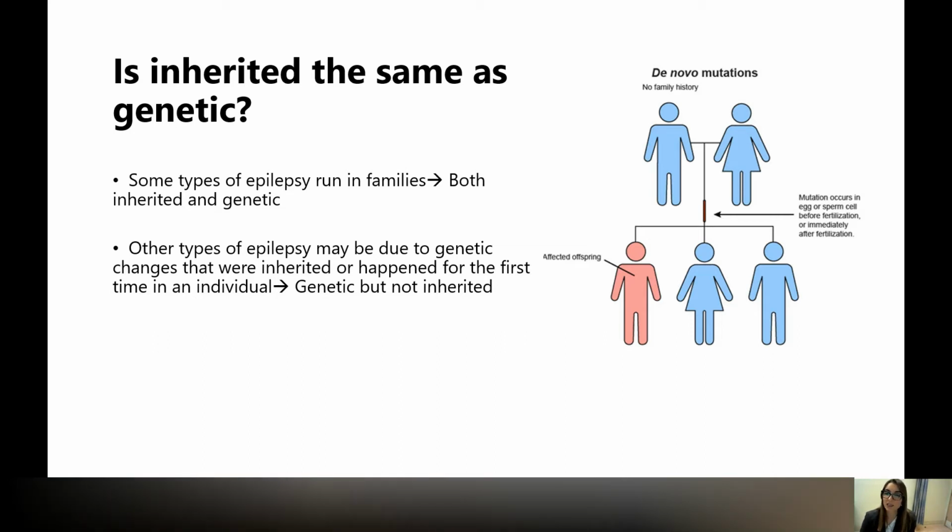What happened is that the cells, that individual's DNA, mutated and became abnormal when this individual was developing in the uterus of his or her mom. So that's what we call a de novo mutation, which means it arose without coming from the parents. It happened after conception. Next one.